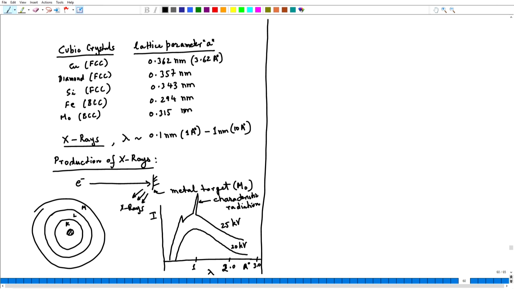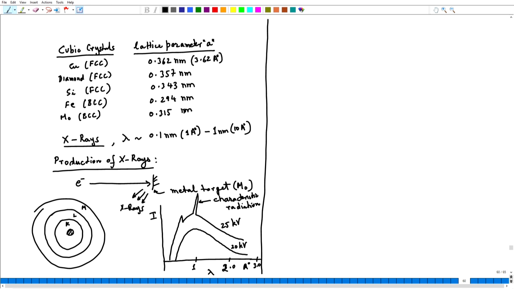Now, suppose an electron hits this, so this is the nucleus of an atom of the target material. An electron collides with an electron in the K shell and ejects it out.